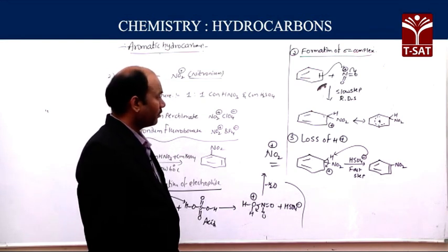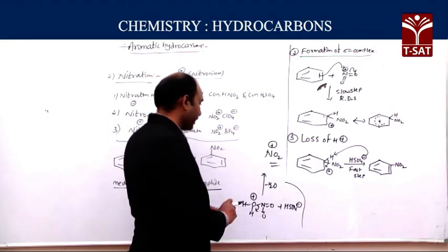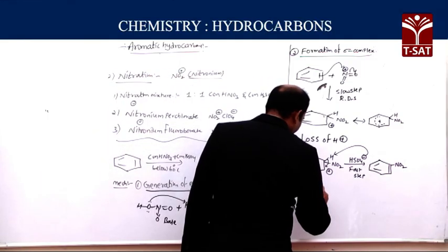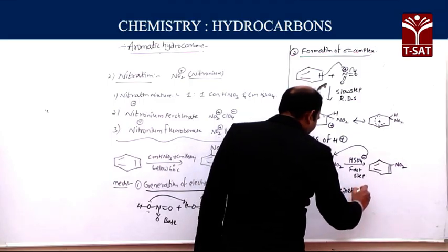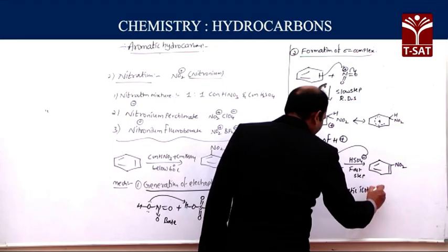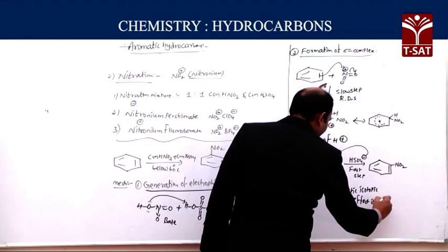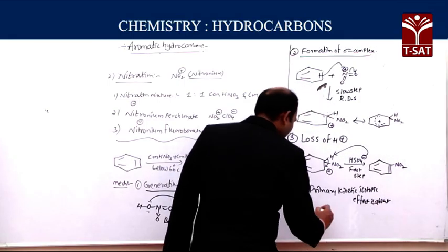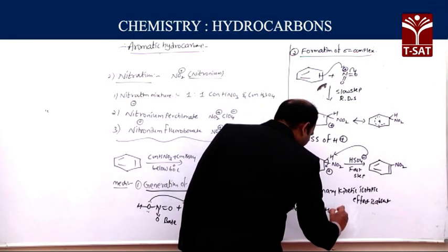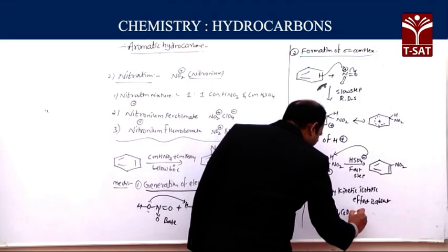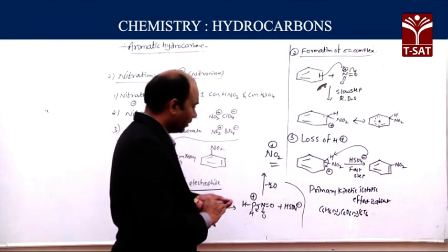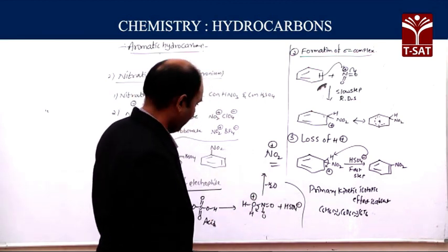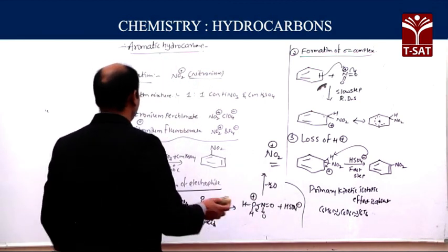Therefore, in nitration the primary kinetic isotope effect is absent. That means the rate for C6H6 is approximately equal to C6D6, approximately equal to C6T6. This is for nitration.